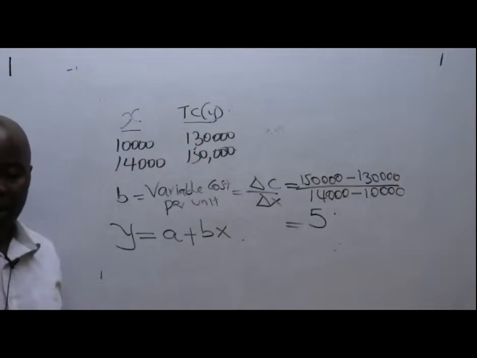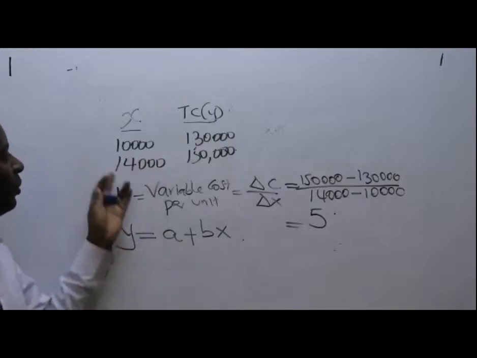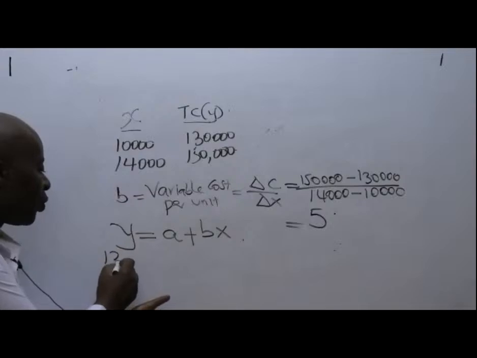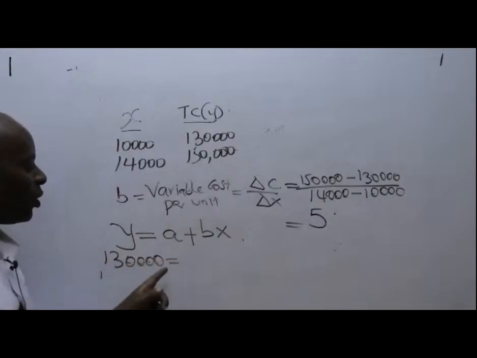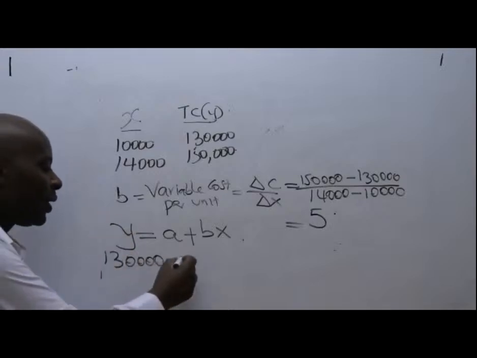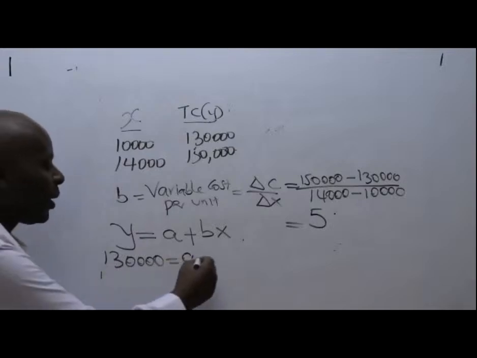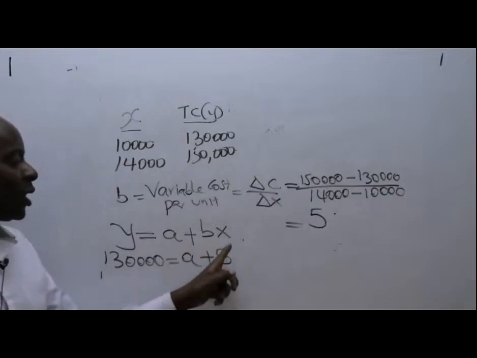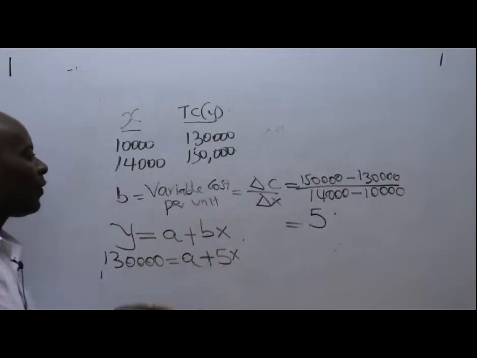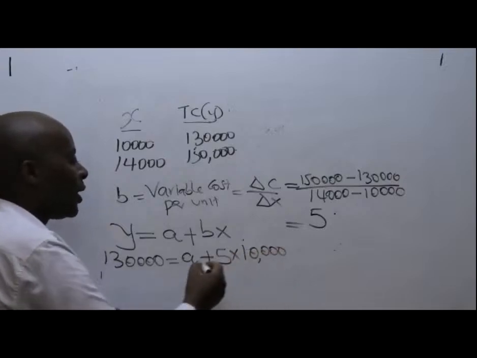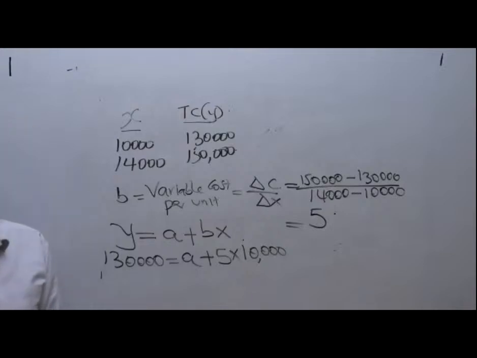You pick any of the two points. For the first one, my y is 130,000, which will be equal to A, the fixed cost that I don't have, plus B that you have just obtained, which is 5, times x for the first point, which happens to be 10,000. So could you kindly give us A? A will be equal to what?